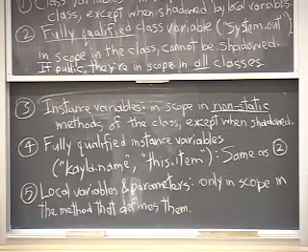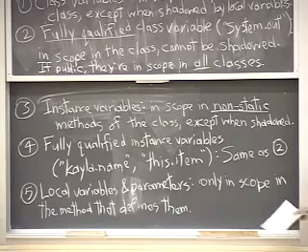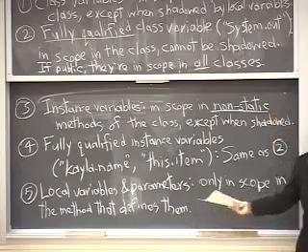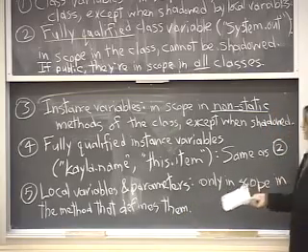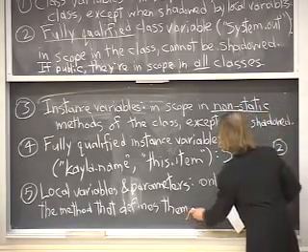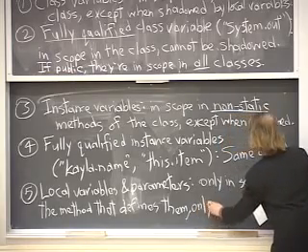Like, for instance, if you declare a for loop that says for int i, that i is only in scope inside the for loop. Now, these can't be shadowed. They shadow other things. And, of course, they're only available for the topmost stack frame in recursion.